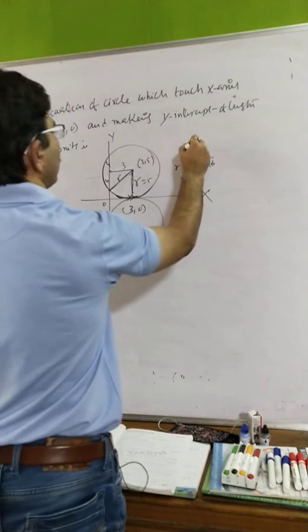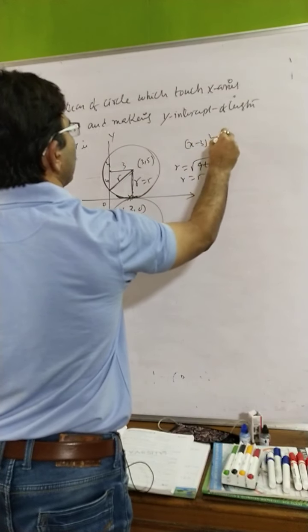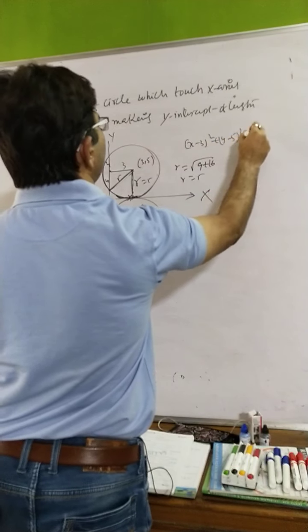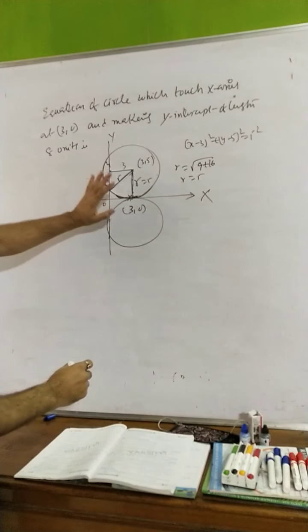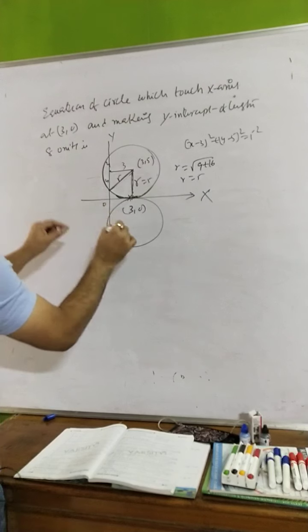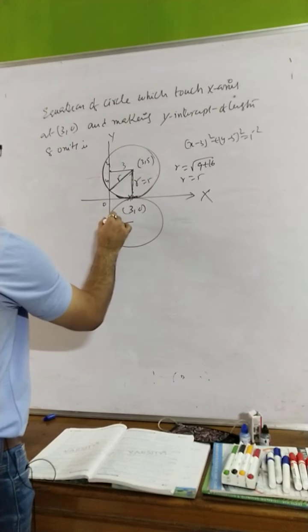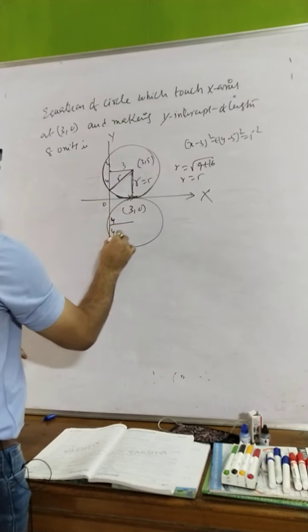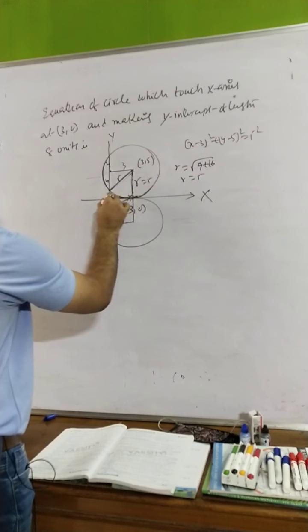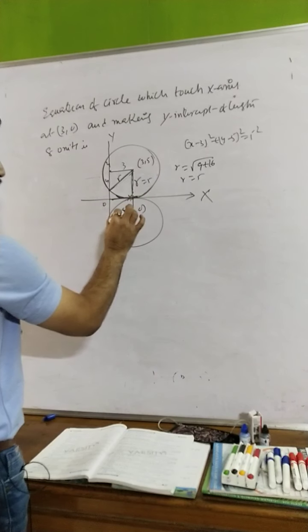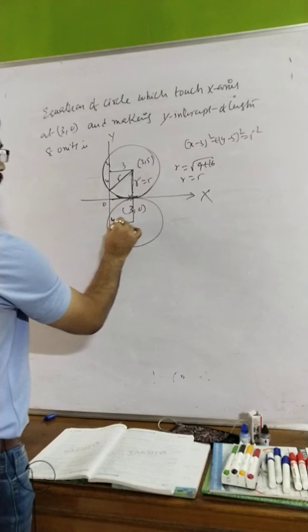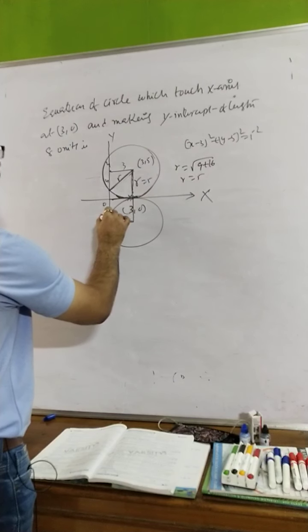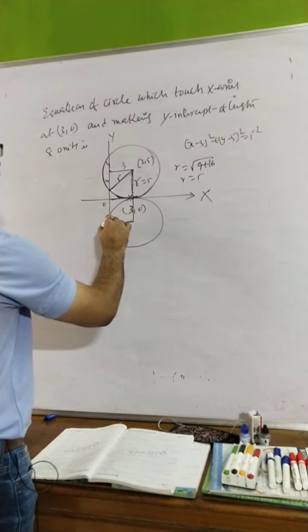So what is the equation of the circle? x minus 3 whole square plus y minus 5 whole square equal to 5 square. In the same way, please observe carefully. This length is 2, this length is 4, this length is also 4. You know very well that this distance is 3. Once again I am explaining here. This is 4, and this is also radius.